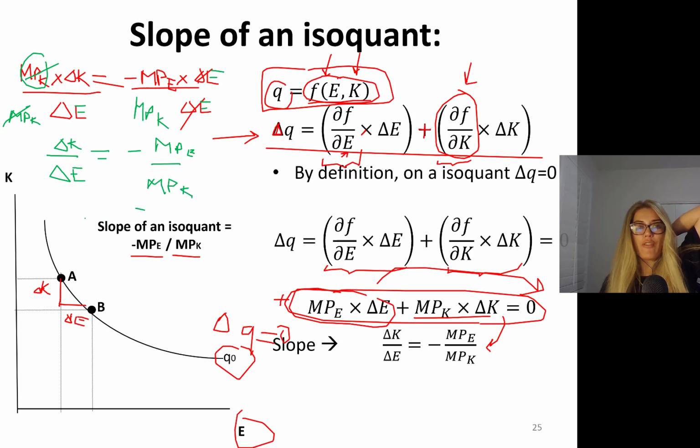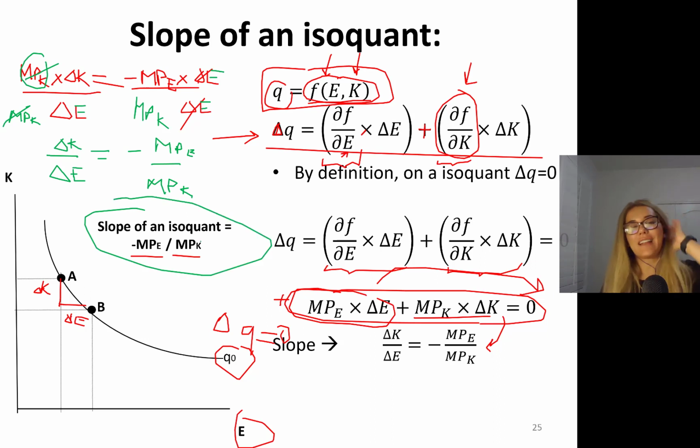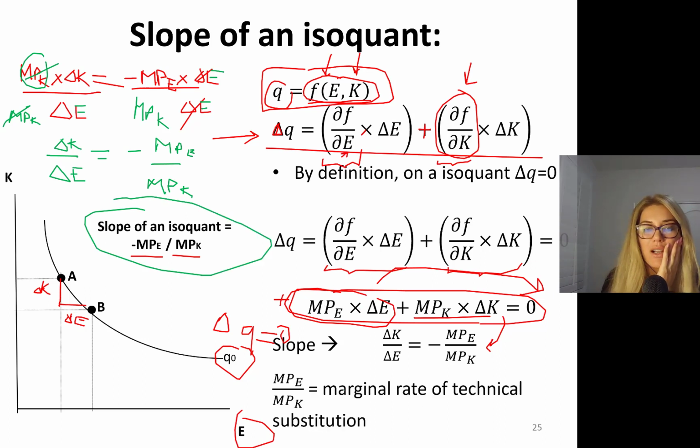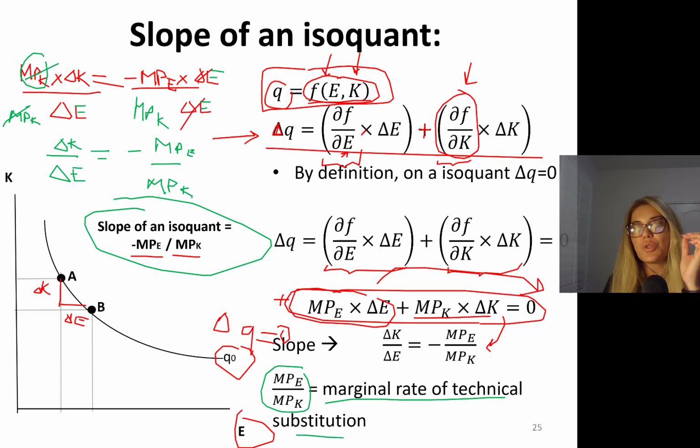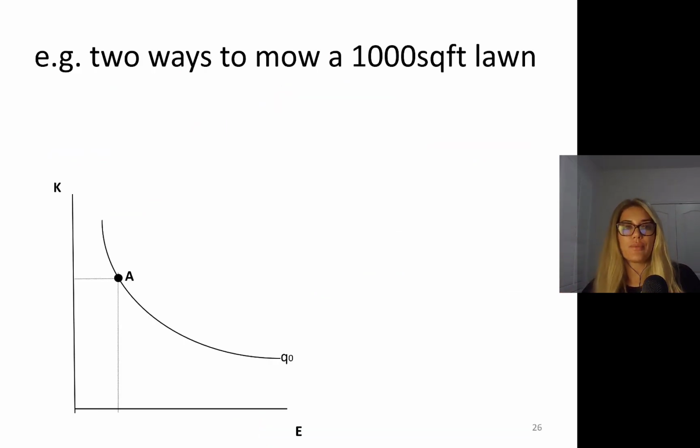That's the slope of an isoquant. There we go. So marginal product of labor divided by marginal product of capital is called the marginal rate of technical substitution. Know that. The absolute value of the slope of an isoquant is called the marginal rate of technical substitution.